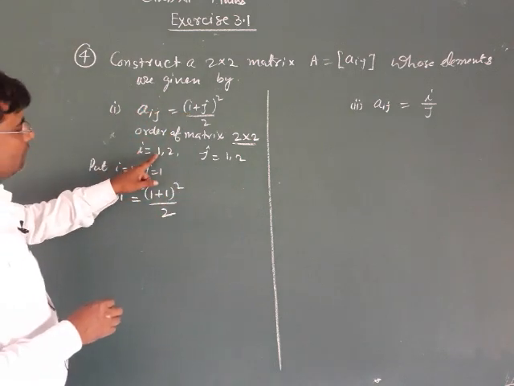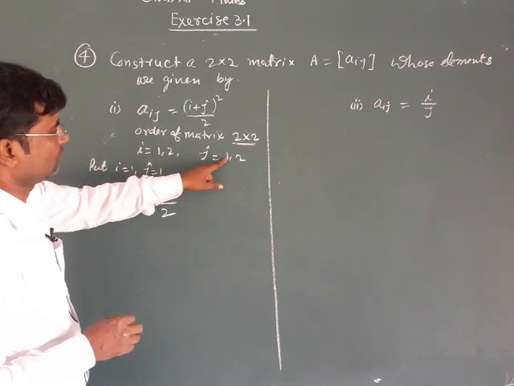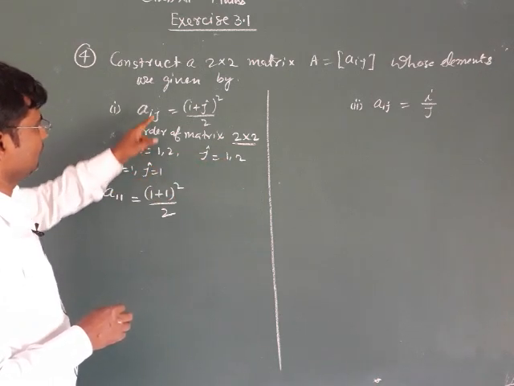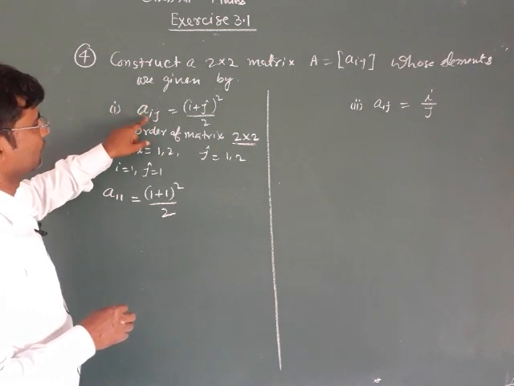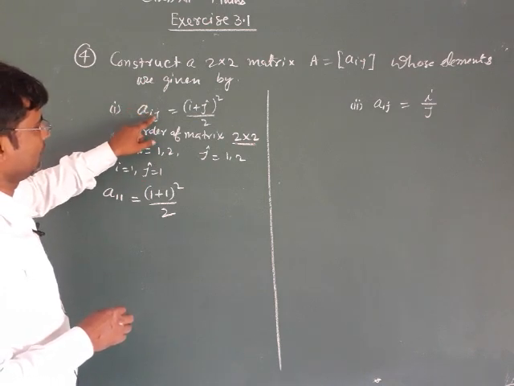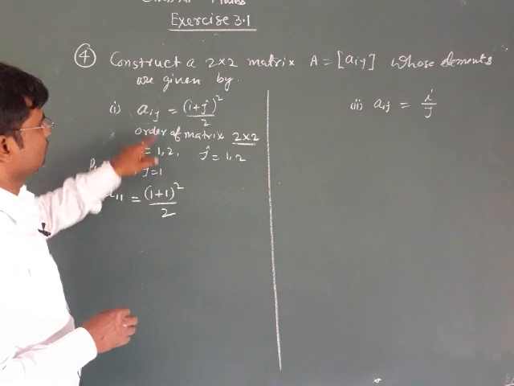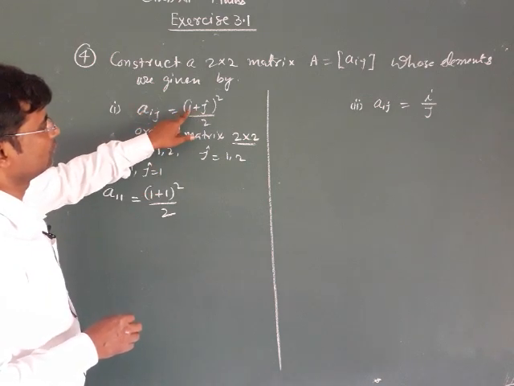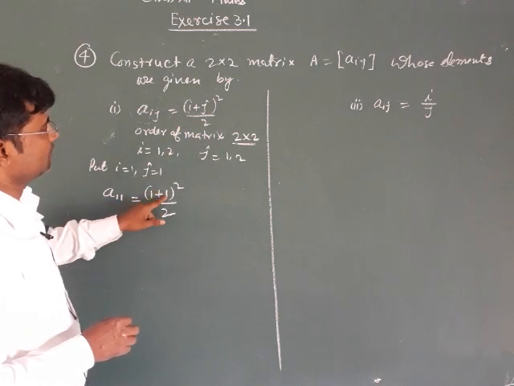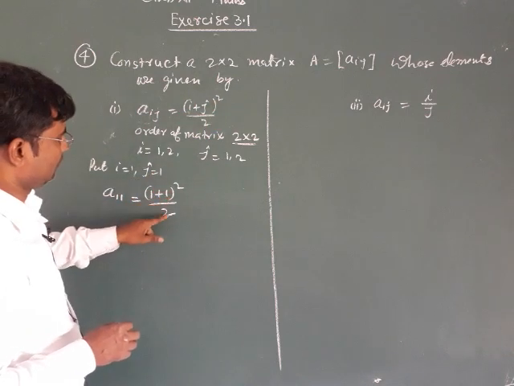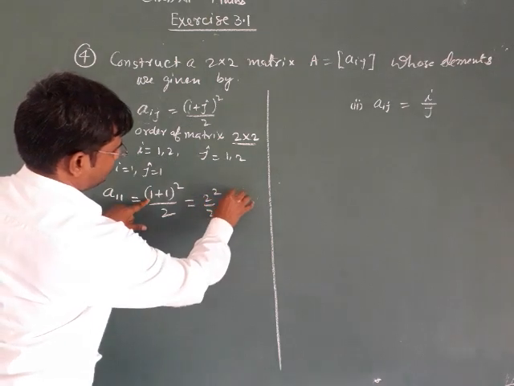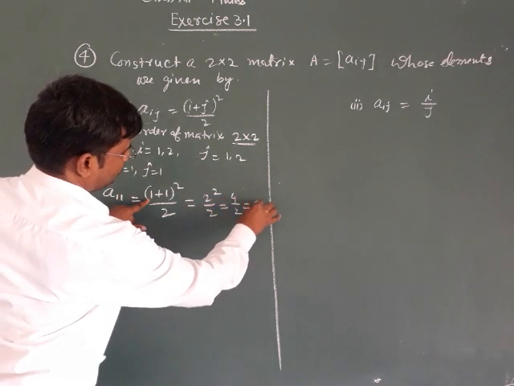Now I take i = 1 and j = 1, put in the element aij. So a11 is equal to (1 plus 1) square upon 2. This is 2 square upon 2, this is 4 upon 2, which is equal to 2.